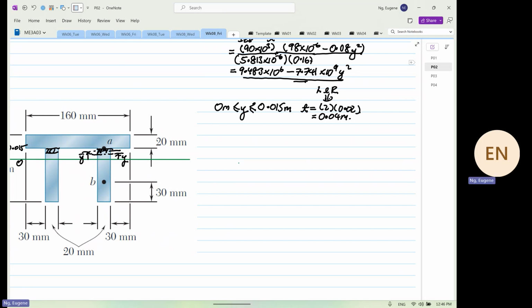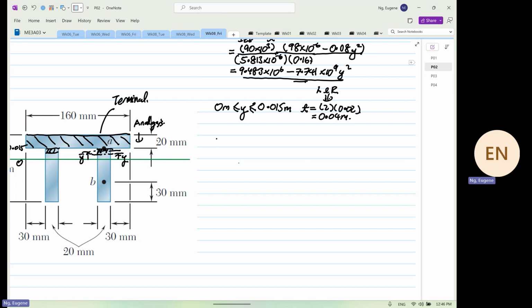Okay. So we have to be careful because now you have to consider the entire area at the top also, because at the top surface over here, this is your terminal, and this is your analysis direction. So you have to consider the area of the flange.